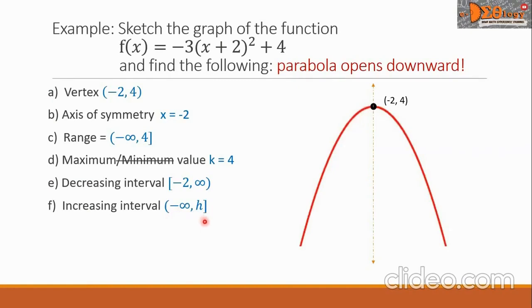We will just substitute the h value with the x coordinate of the vertex. So our answer is negative infinity up to negative 2. We use the square bracket here and also the parenthesis because we know every time there is infinity, always a parenthesis is used. So we are now complete with our answers.